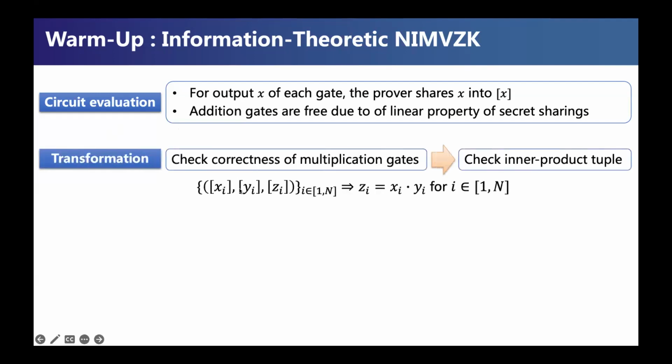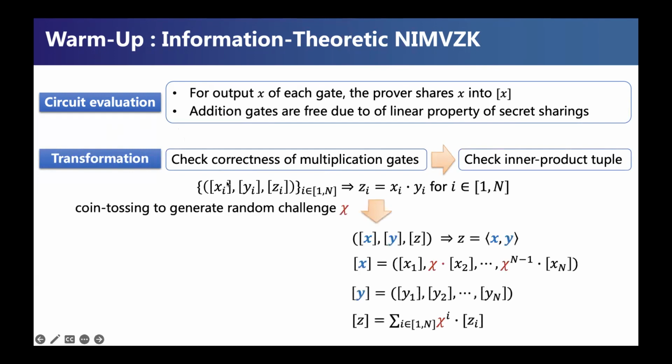Then prover and verifiers transform the checking of multiplication gates into the checking of an inner product tuple. Particularly, the verifiers run a coin tossing protocol to generate a random challenge, then compute a series of vectors x, y, z like this. Here, sharing of z is computed as the sum of xi multiplied by the sharing of zi.